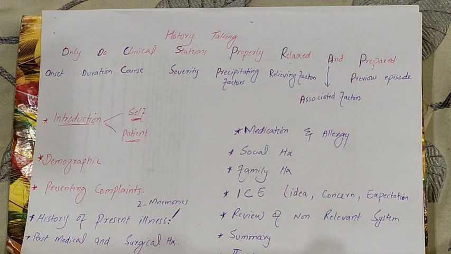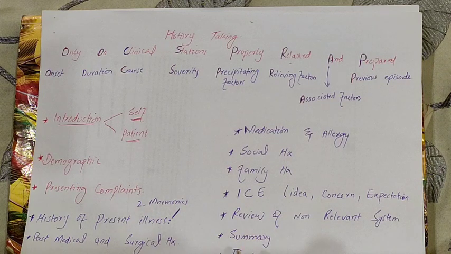After that, you will come to the patient again. So, Mr. John, you have come to me with a complaint of a lump in your neck, which is not increasing in size, and it's from the last 3 or 4 months, and it doesn't increase with anything, and it doesn't relieve with anything.